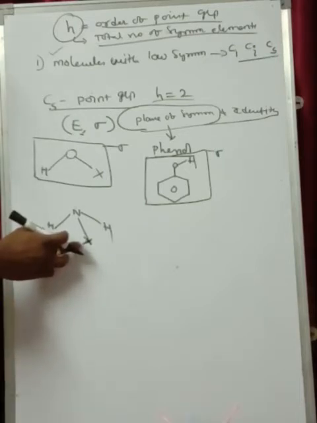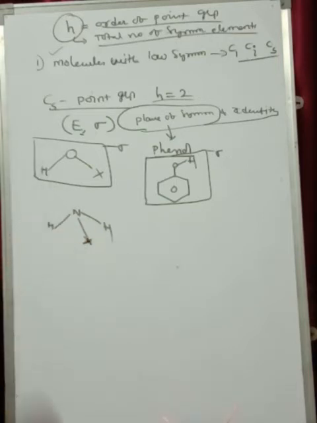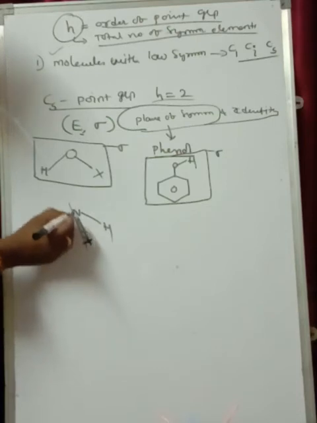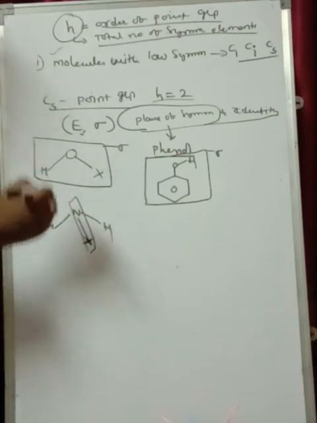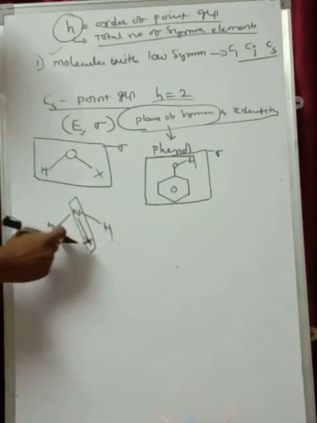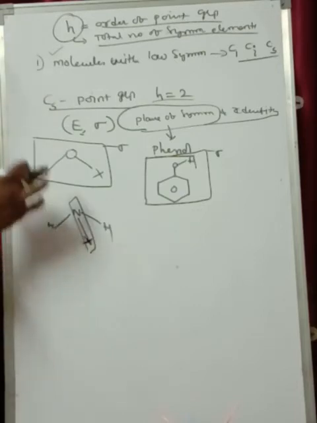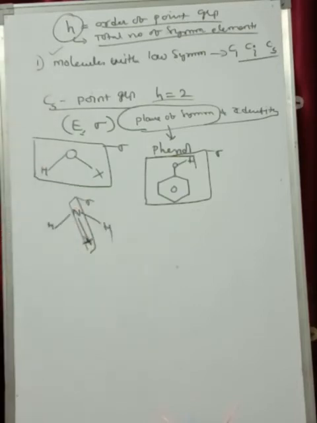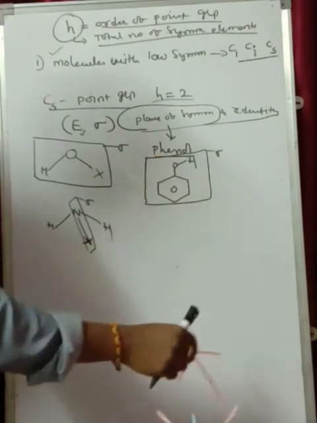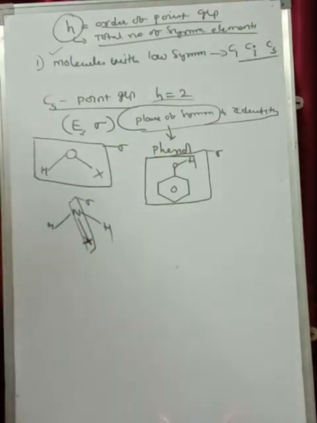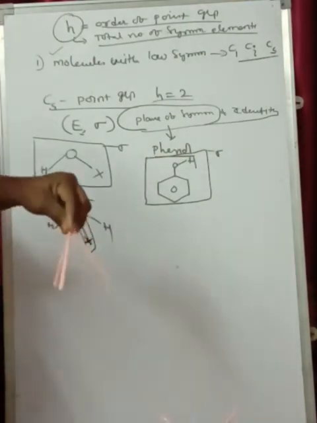Instead, it has a new symmetry element, and that symmetry element is the plane of symmetry. That plane is passing through the nitrogen and the X atom, which will give you two equal halves. Now look at this. For example, this is the ammonia molecule.